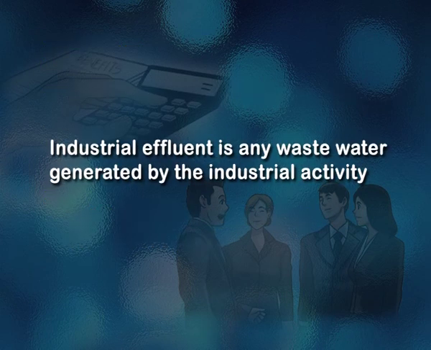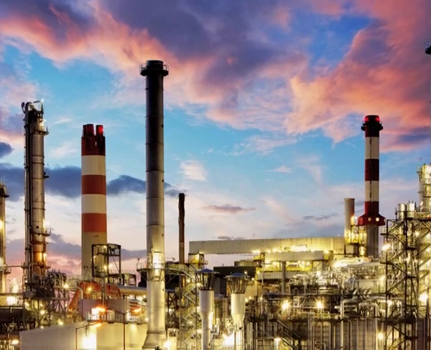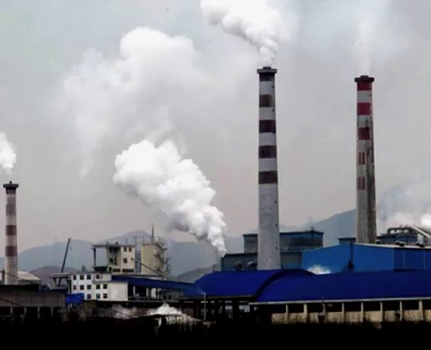So, what are industrial effluents? Industrial effluent is any wastewater generated by industrial activity. After industrialization, various industries like the steel industry, leather industry and many others have sprouted up. Each of these industries uses water as a major ingredient, for manufacturing, for cooling or for other purposes.